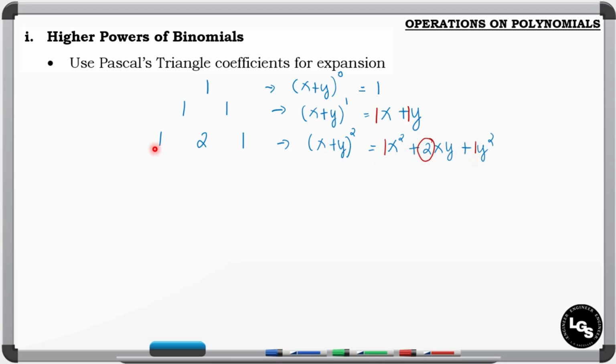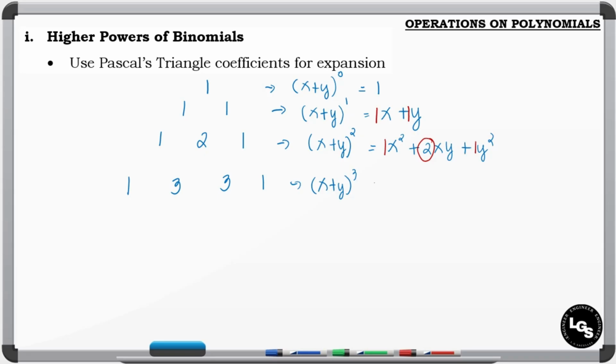1, 2, 1. So for the third one, if we have x plus y raised to 3, we expect we have a coefficient of 1, then 1 plus 2, so that is 3, 2 plus 1, so this is again 3, then we bring down 1 at the last term.